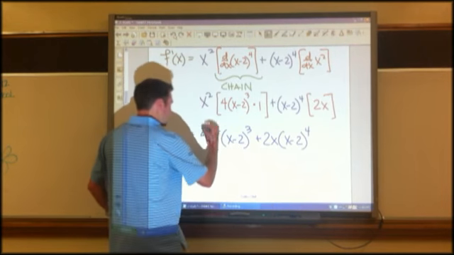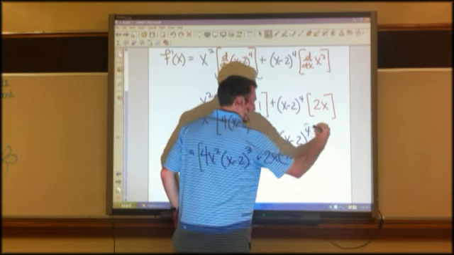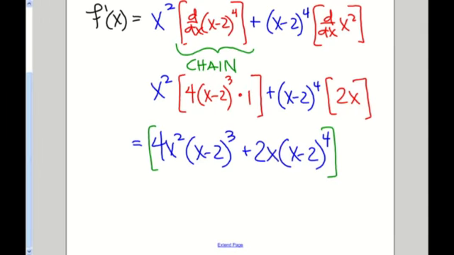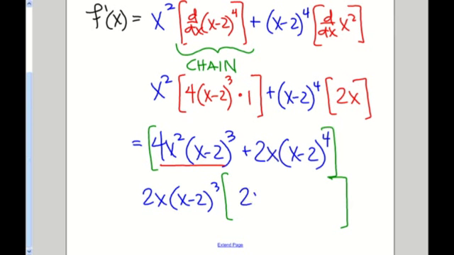Alright, so in this I can factor out 2x and x minus 2 cubed. So what I want to do to make this easier to see, I'm going to put this green bracket around here, and then the stuff that's going to the outside I'll put out here separate. So I've got 2x times x minus 2 cubed on the outside, and so my same bracket is going to end up in here. So what's left over from this section here, I just have 2x left over. So we'll give that a red underline.